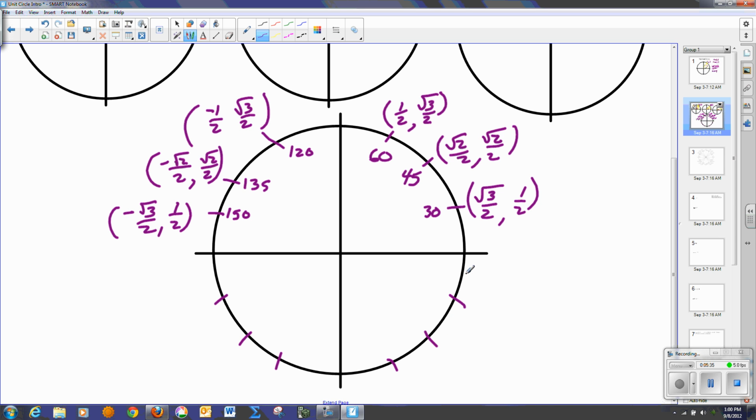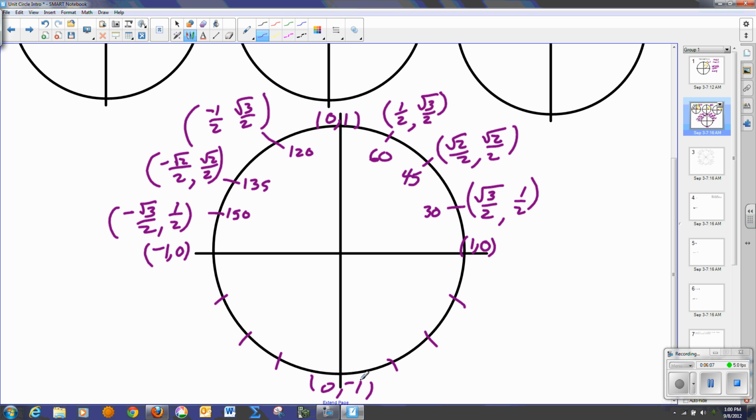Let's also remember that at the edge of each quadrantal angle, I have a radius value of 1 to deal with. So this is the point 1, 0 at 0 degrees, 0, 1 at 90 degrees, negative 1, 0 at 180 degrees, and at 270 degrees I have 0 and negative 1.